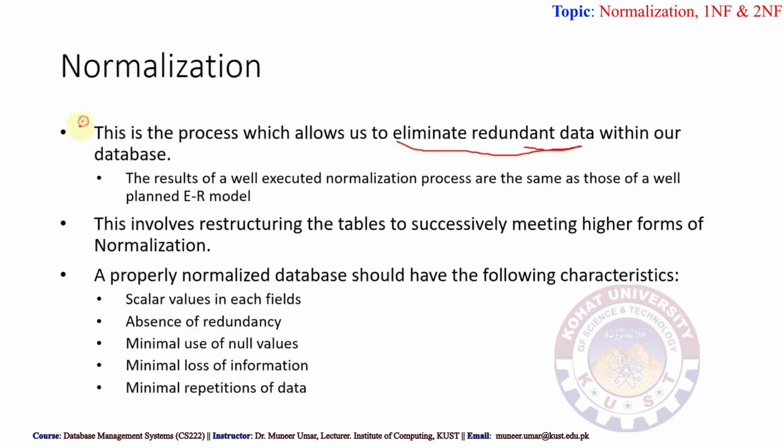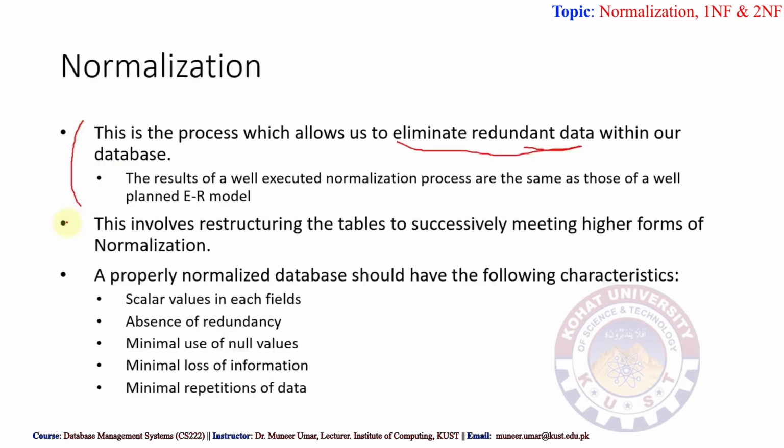Once the data has been normalized, it would give the same results as we get from the unnormalized data. But in the case of a normalized database we will have a minimum level of anomalies, and also there would be a lack of redundancy, or minimal redundancy in the database.